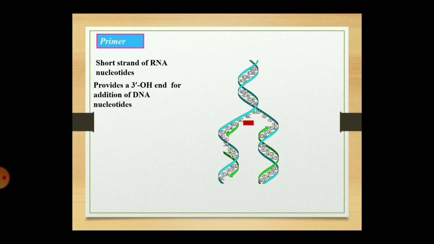These short segments of RNA are formed in the 5 prime to 3 prime direction, and they provide a free hydroxyl group end for the addition of DNA nucleotides in the 5 prime to 3 prime direction.